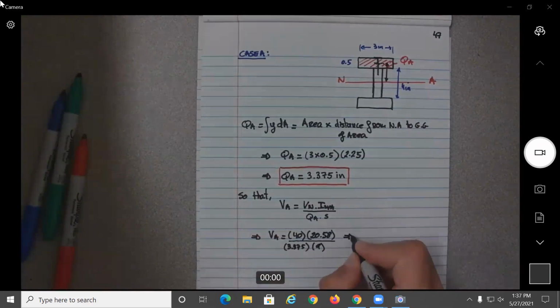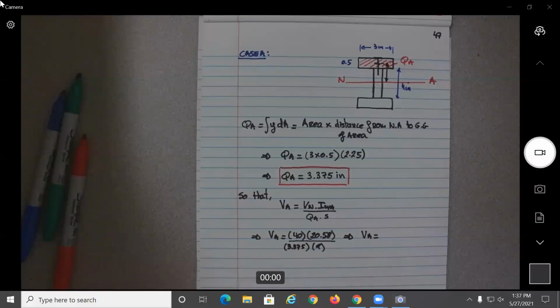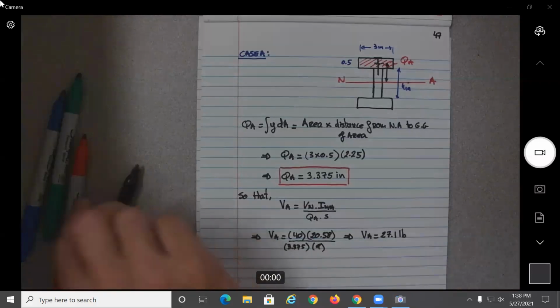And this gives you that the shear force that can be resisted in case A is 27.1 pounds.